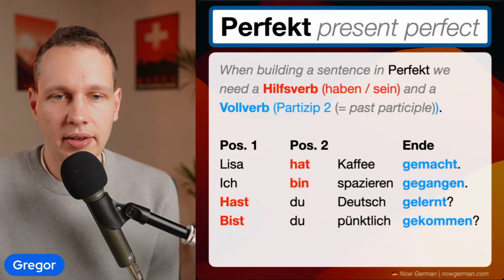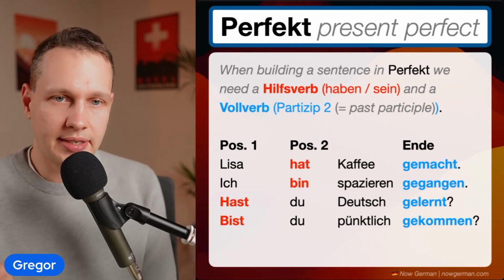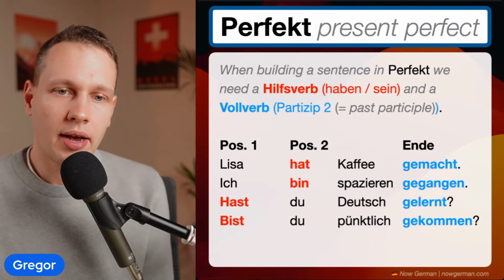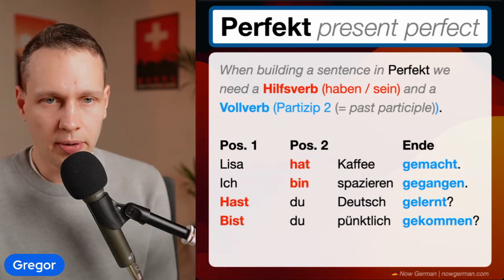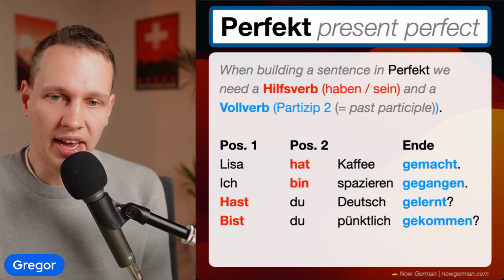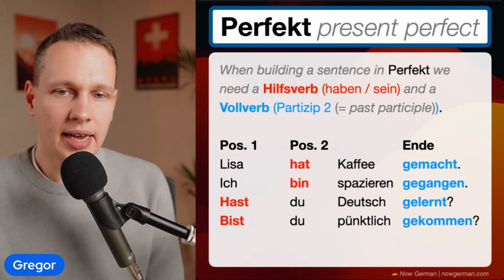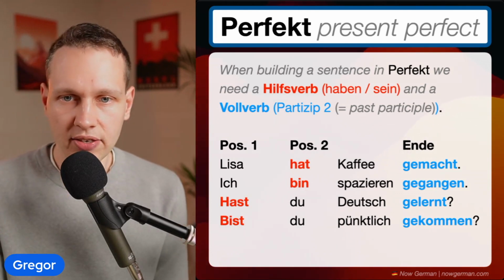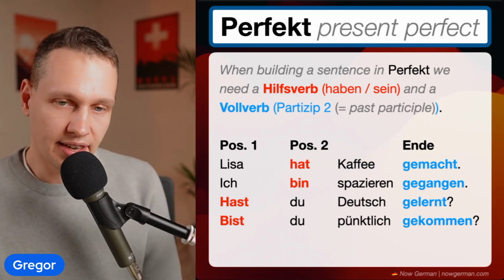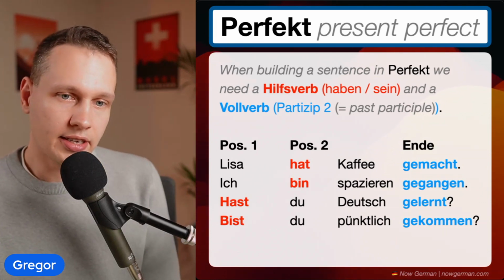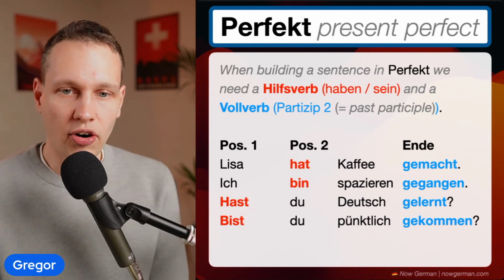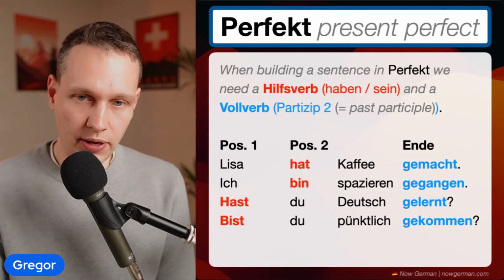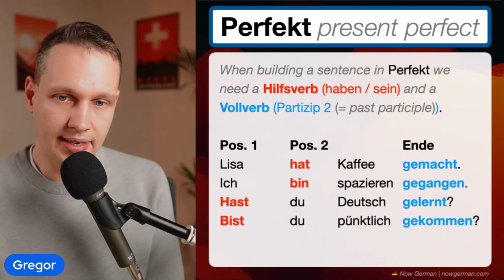And as I mentioned, there is the auxiliary verb haben or sein, and then the lexical verb. In German, we call it the Vollverb, that is gemacht, that goes to the end of the sentence. And that is different from English. So in English, you see the sentence is Lisa has made coffee. So the coffee is in the end, but in German, gemacht is in the end.